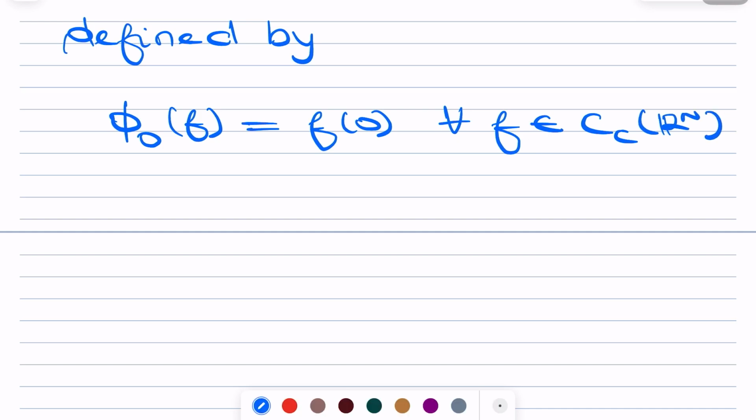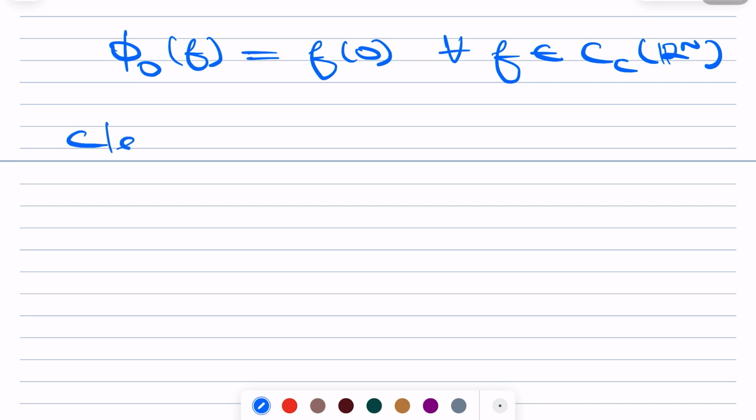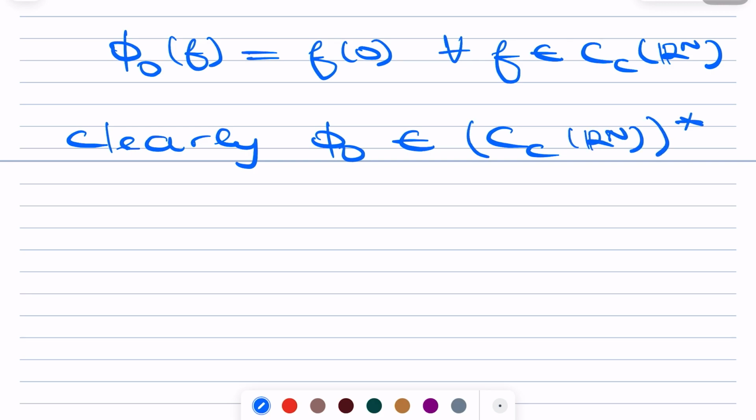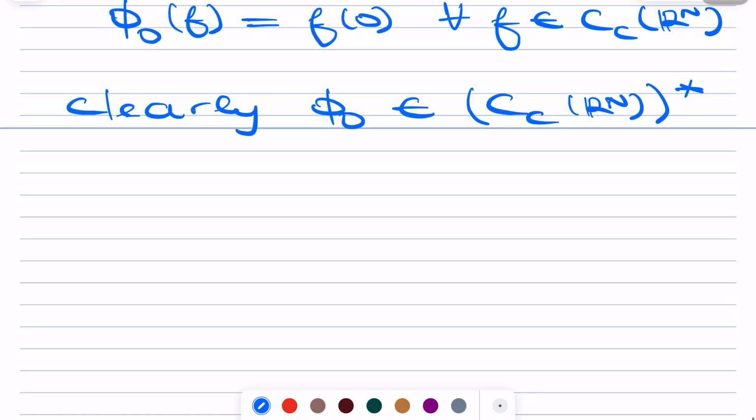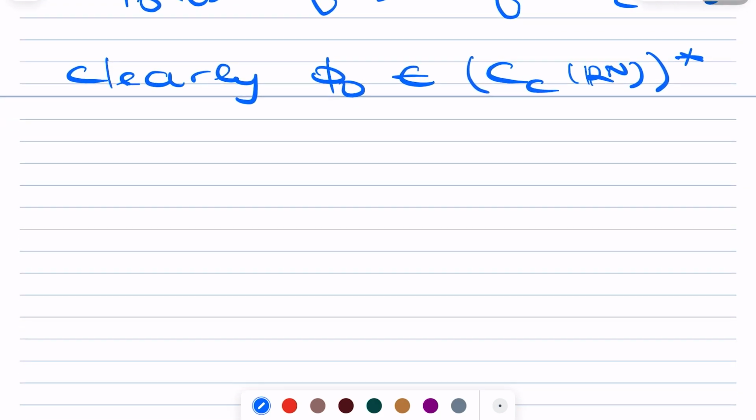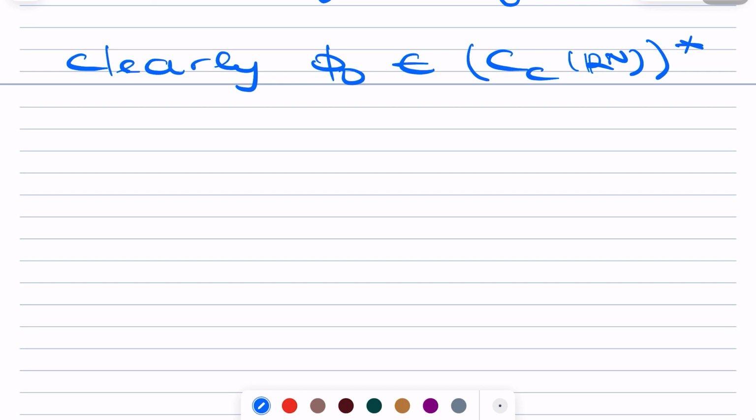So clearly phi 0 is a linear bounded functional on the space of continuous functions with compact support, with the infinity norm.